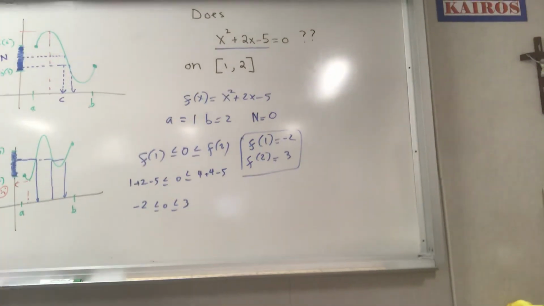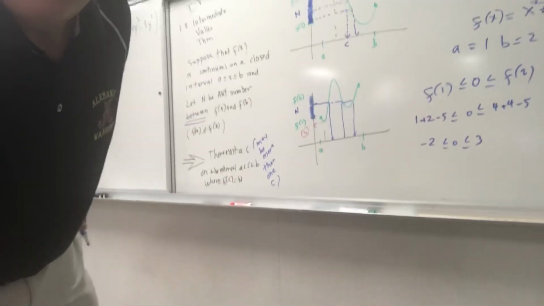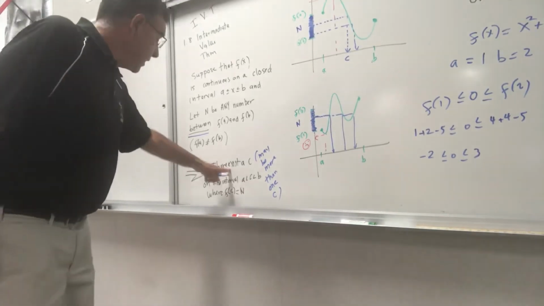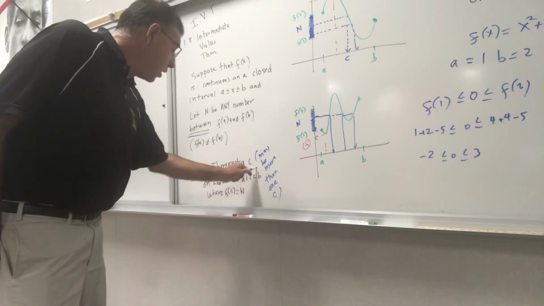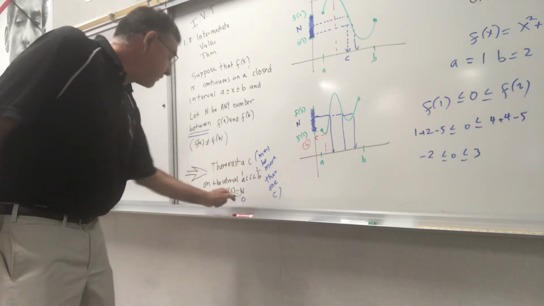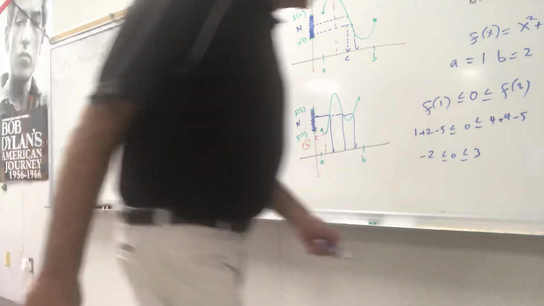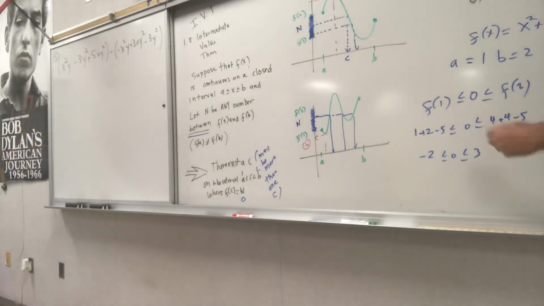So what that means, let's go back here. What that means is there's got to be some c between 1 and 2 where f of x equals 0. So that means, just changing the thing, that then I can conclude, since this is negative and this is positive, and remember, I didn't do that.